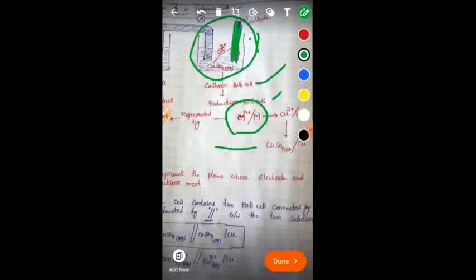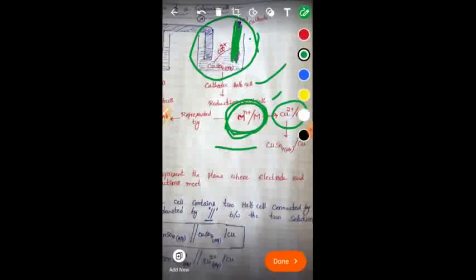The same thing is represented here: Cu2+ converted to Cu. If a metal other than copper is present, it is written like this: M^n+/M. Here the Cu2+ is in the form of copper sulfate, so this can also be represented like this: CuSO4/Cu.